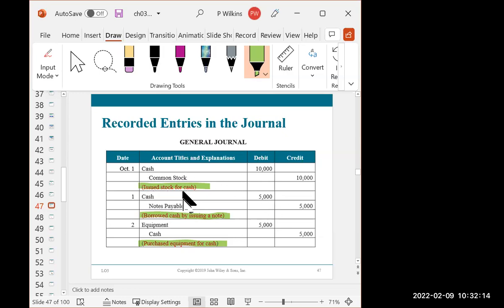If somebody wrote issued stock for cash, they would get credit for it. But if somebody put sold stock for cash, they wouldn't get credit, because you have to match it exactly to be correct. So we do not put any descriptions. While in the real world, you would have descriptions for every entry, you will not have descriptions for any of your entries in this process. So that's some information on it, and then we're going to do some sample problems.